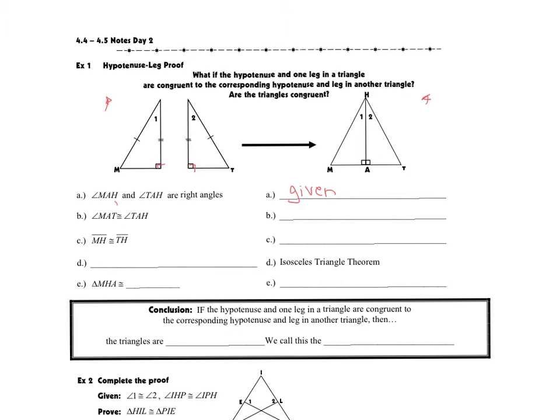If we look next, then it says that angle MAT is congruent to angle TAH, and because they are right angles, we know that all right angles are congruent.